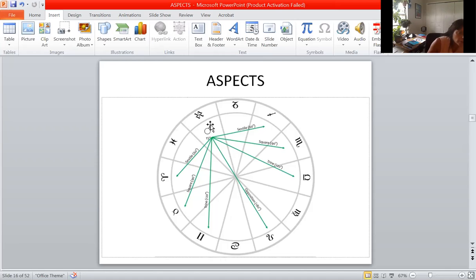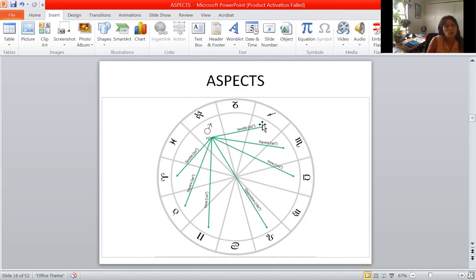Mars is in Aquarius, so to be square, it's got to be another fixed sign. And sure enough, Taurus is a fixed sign. Then back over here, going 3 signs away, 1, 2, 3, and there we are at Scorpio.